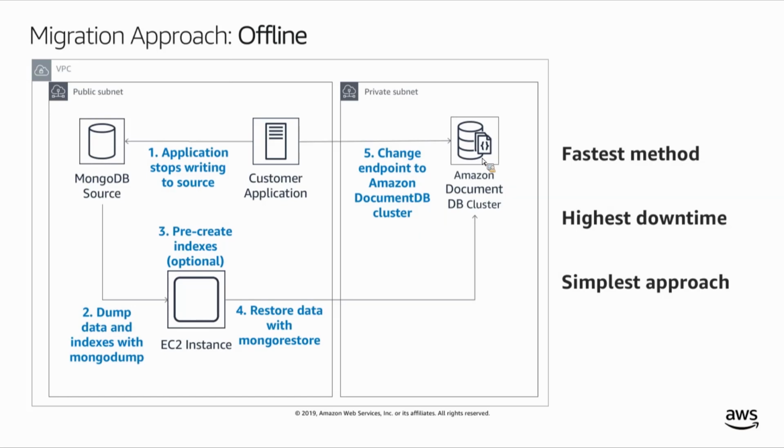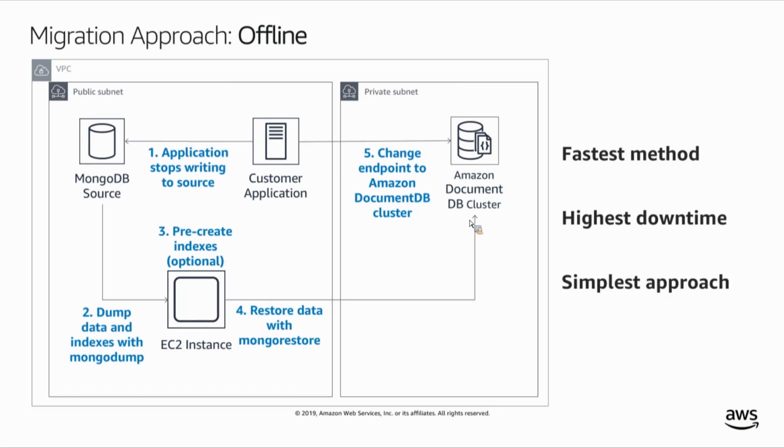One way you can speed this process up is by having a much bigger primary on your DocumentDB cluster than you would normally use. So maybe you've discovered through your estimation process that what you need to run is an R5 4x large as your DocumentDB cluster instance size.